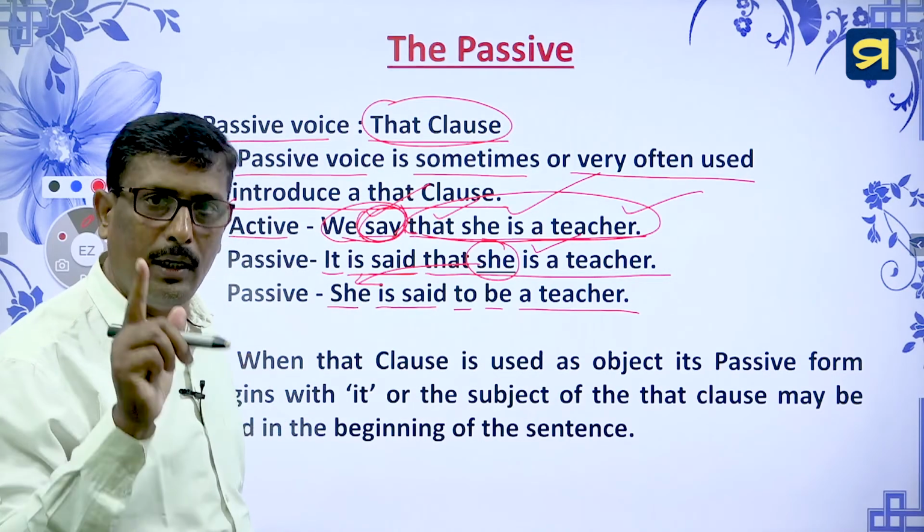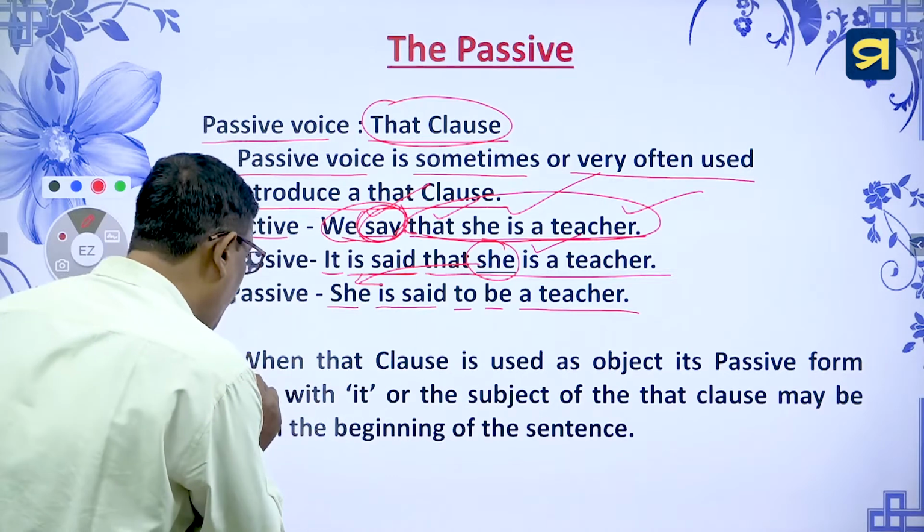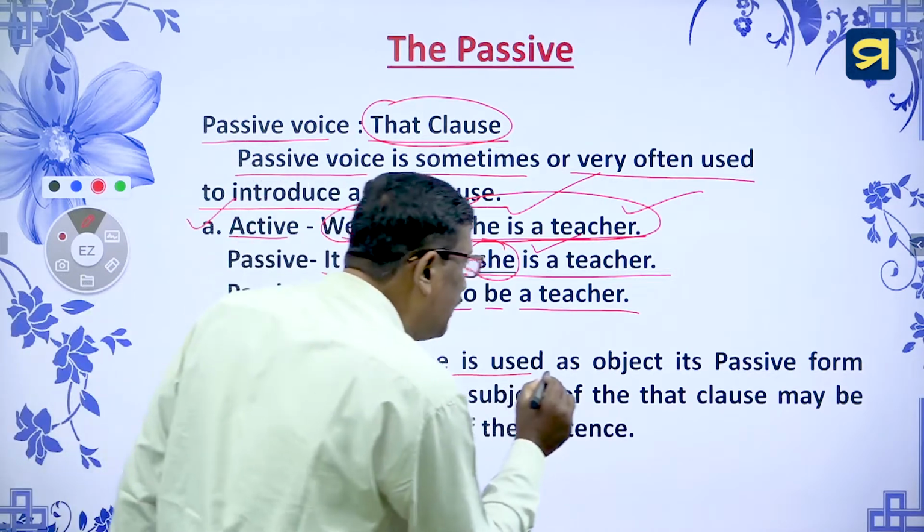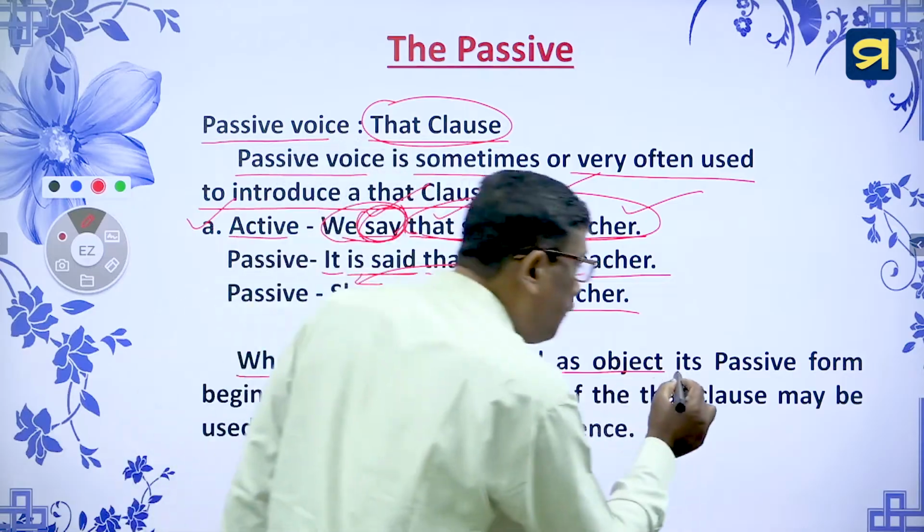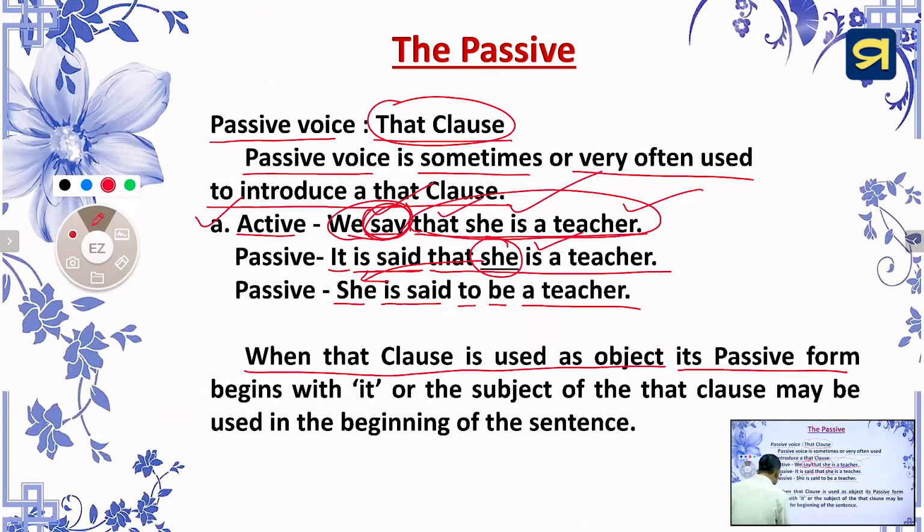Did you understand? You mark it. When a that clause is used as an object, its passive form begins with "it". We have already discussed that the passive voice is written according to the verb. When "is" or "are" is used as a main verb, it is followed by "to", then "be", then the complement.